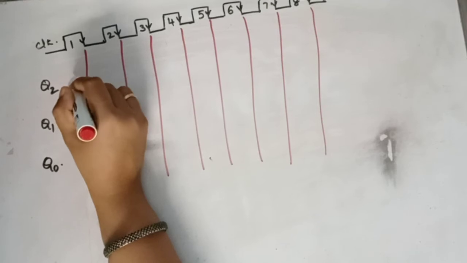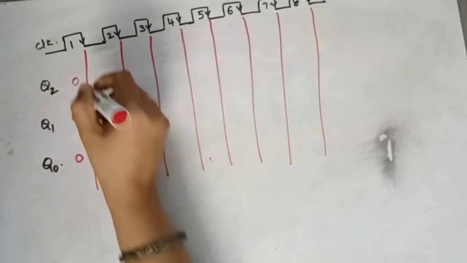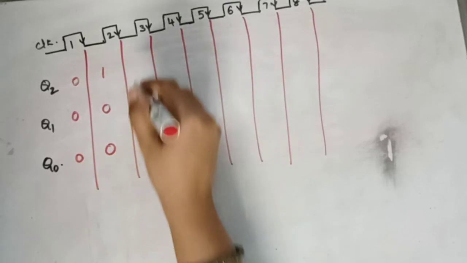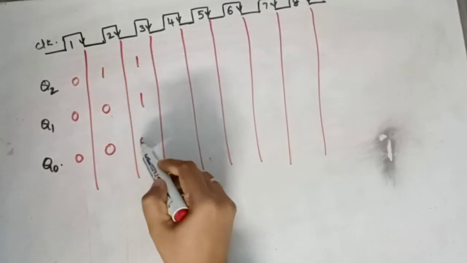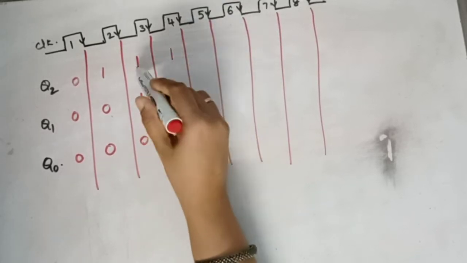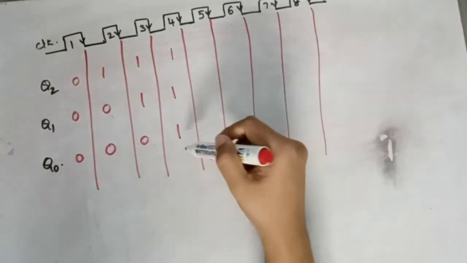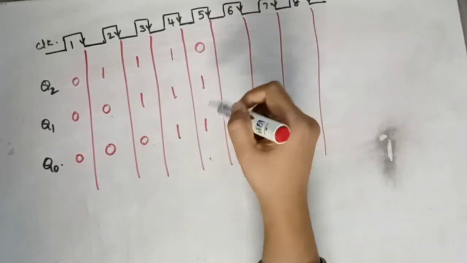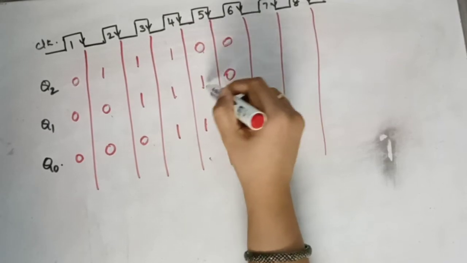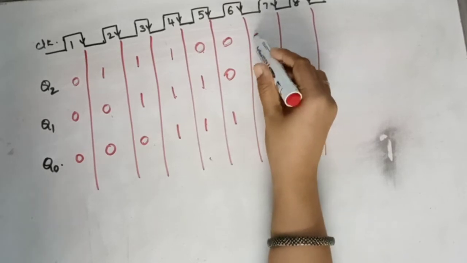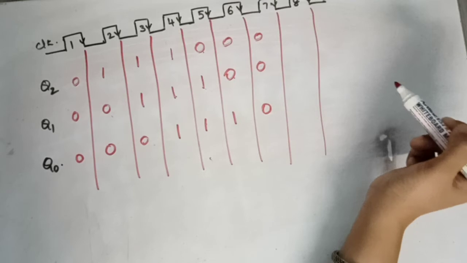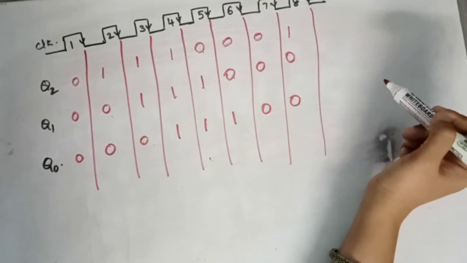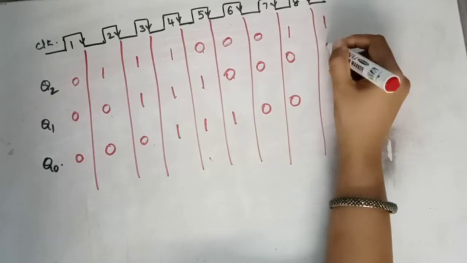So initial state is 0, 0, 0. Next will be Q0 bar will come here 1, this 0 comes here, this 0 comes here, Q0 bar, this one comes here, this 0 comes here, Q0 bar, this one comes here, this one comes here, Q0 bar is 0, 1, this one comes here, Q0 bar is 0, this 0 comes here, this one comes here, Q0 bar is 0, 0, this 0 comes here, this 0 comes here, Q0 bar is 1, 0, 0, okay, Q0 bar is 1, so that is repeating.